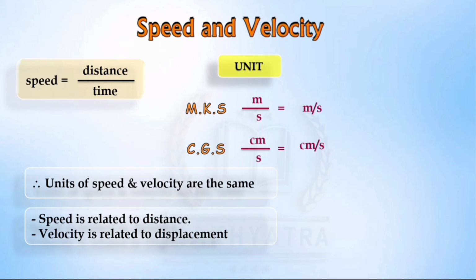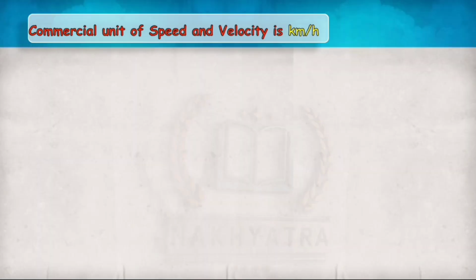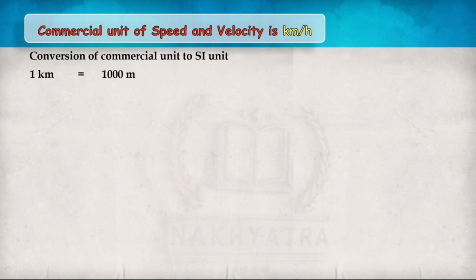So speed is related to distance and velocity is related to displacement. The commercial unit of speed and velocity is kilometer per hour. Now the conversion of commercial unit to SI unit. We already know 1 kilometer equal to 1000 meter and 1 hour equal to 60 minutes.